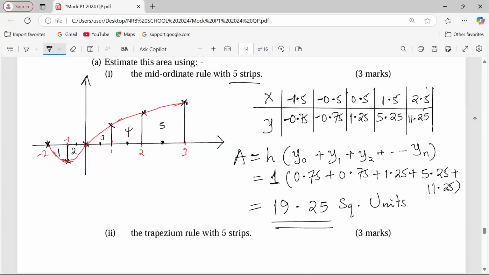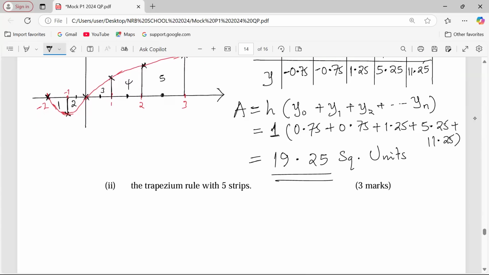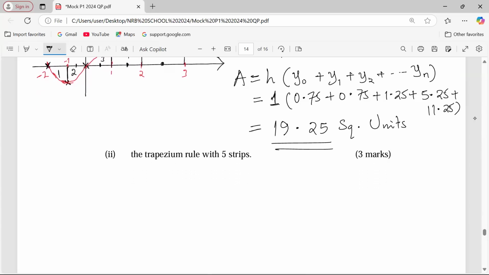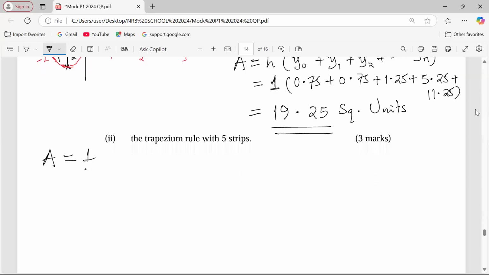Now, in part 2, we are taught to use the trapezium rule with 5 strips. Now, area estimated by the trapezium rule is always given by half h into the first height plus the last one, then 2 multiplied by all the other heights.